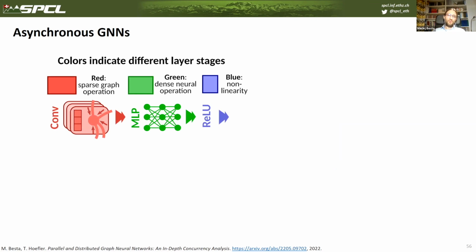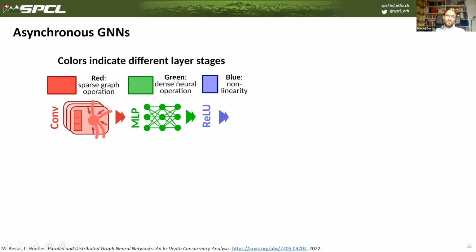I'm going to use the following symbols and colors. Colors in that case are going to indicate different layer stages, right? So this will partially overlap with our parallelization of the GNN layer. Red color will now indicate the sparse graph operation and the worker which is conducting the sparse graph operation.